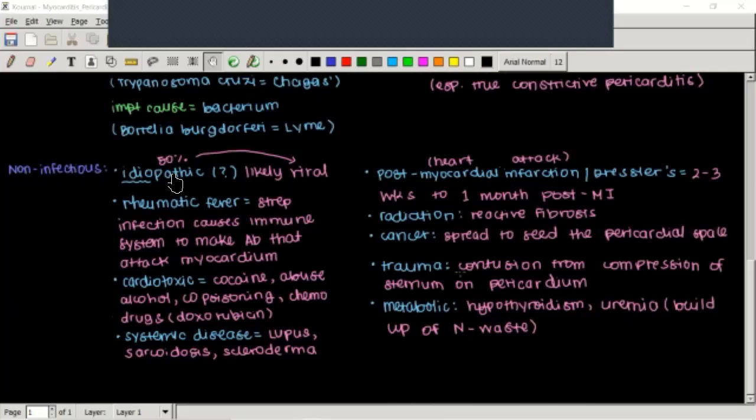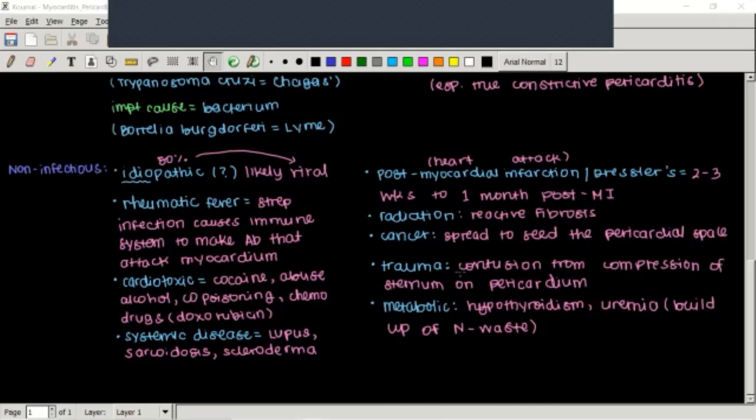So we have the streptococcus infection. It's very common, and that causes the immune system to make antibodies that attack myocardium. It's like that thing of the blood, that you have a specific type of blood, and if you put another type of blood, it will attack, something like that.